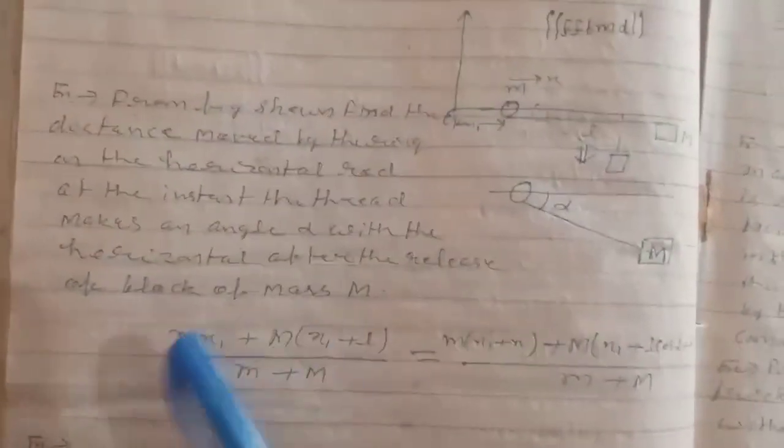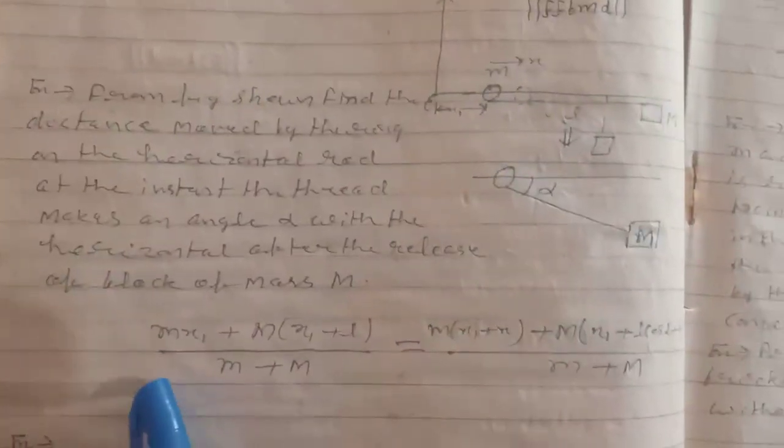From the figure shown, find the distance moved by the ring on the horizontal rod. A ring is connected with a string with a block, at the instant the thread makes an angle alpha with the horizontal after the release of the block of mass m.